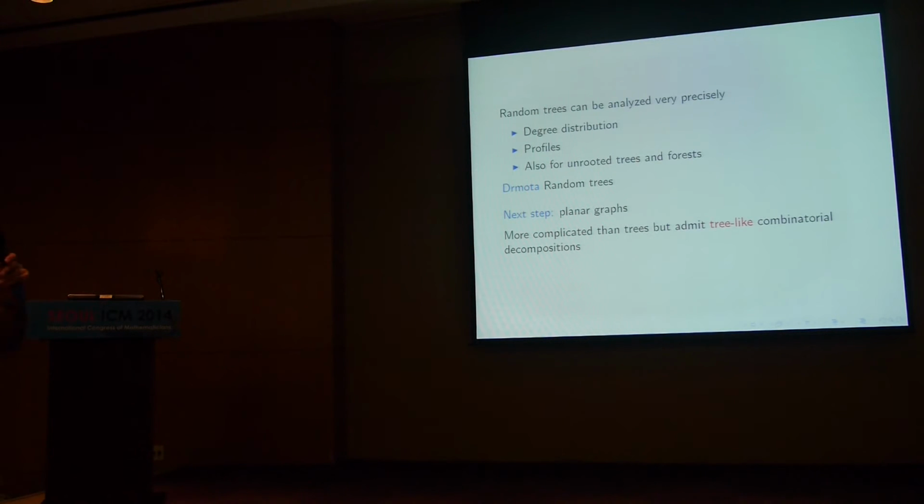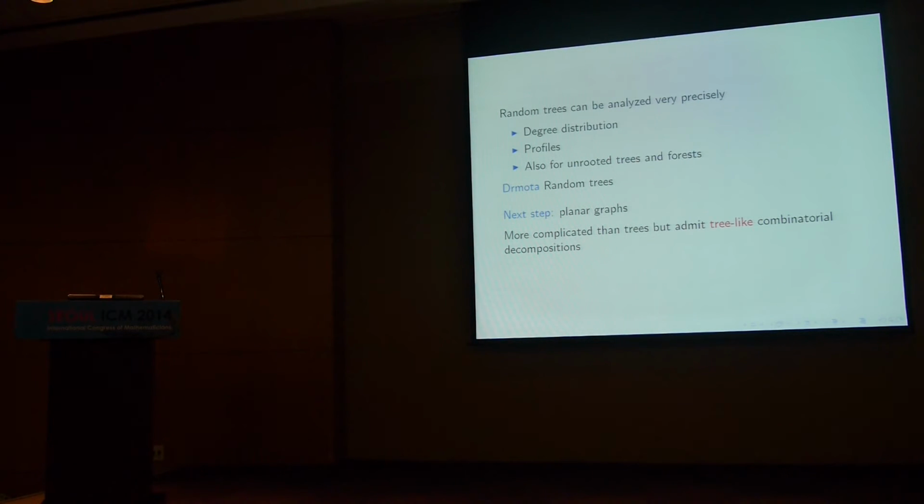So now we come to the second part of the talk, and our next step will be to use these ideas from trees to go to, let's say, a more complex class of graphs, which are planar graphs. Of course, trees are planar, but they are not a good representative of planar graphs. They are more complicated, but the key point is that they still admit decompositions which are very much tree-like.